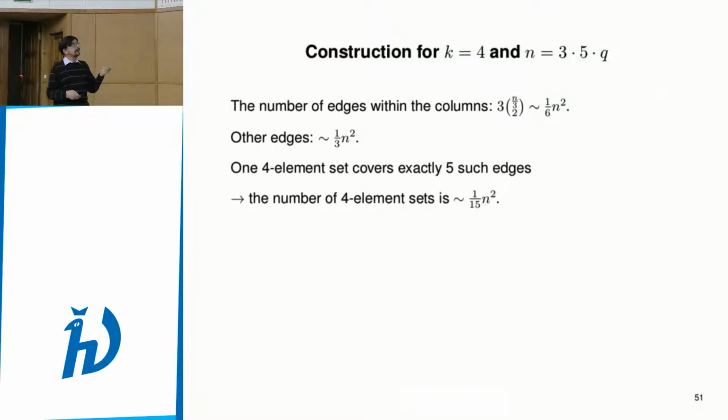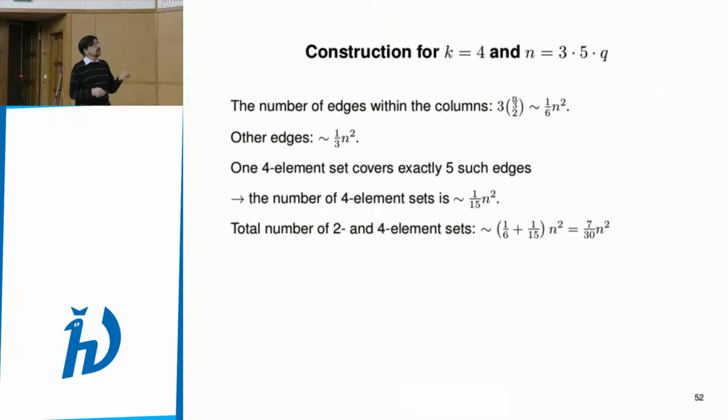The number of 4-element sets in this, and this is a dominating set. So altogether we have 1 over 6 plus 1 over 15, which is 7/30th.